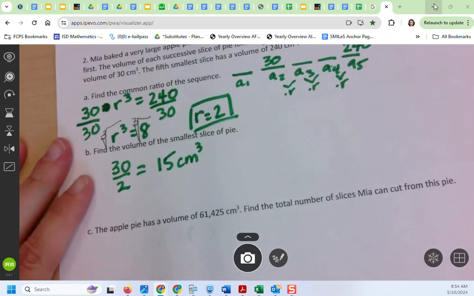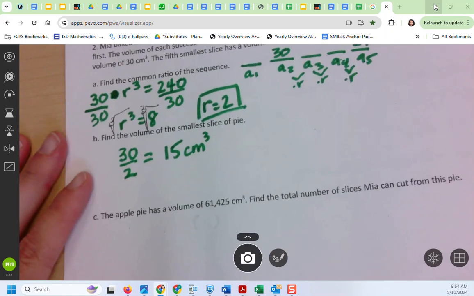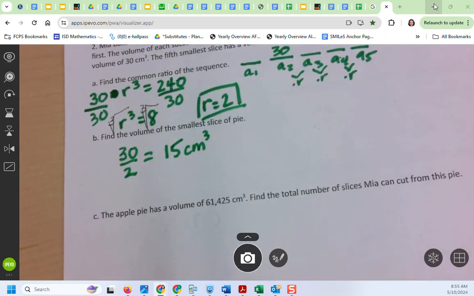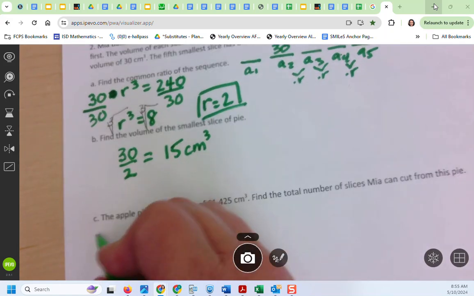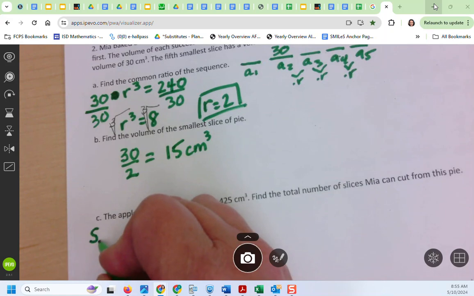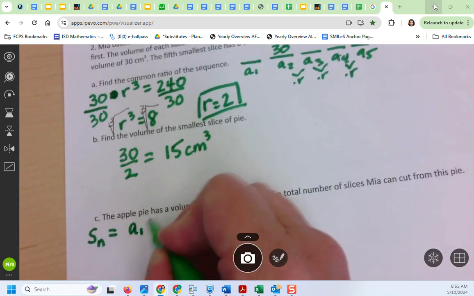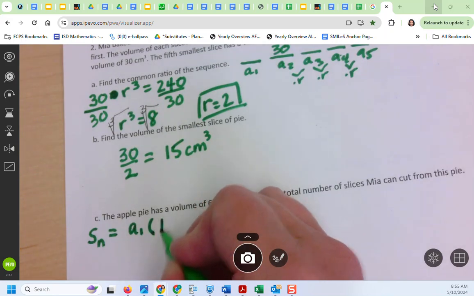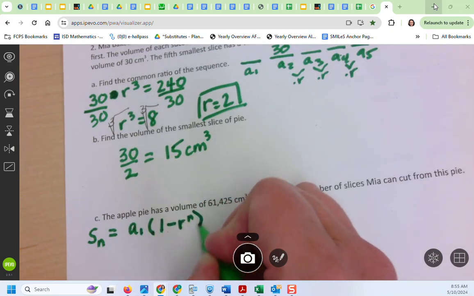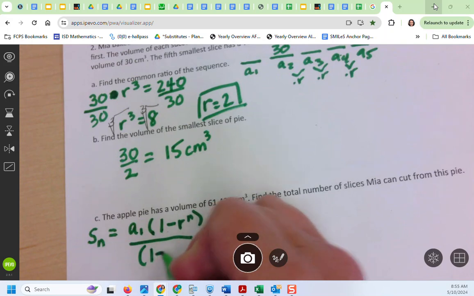So I'm going to use the sum formula, and I actually know the sum, so it's going to get substituted for the sum. So let me pull the formula up. It's going to be geometric because it's multiplying. And so it's going to be S sub n equals A sub 1 times 1 minus R to the n over 1 minus R.